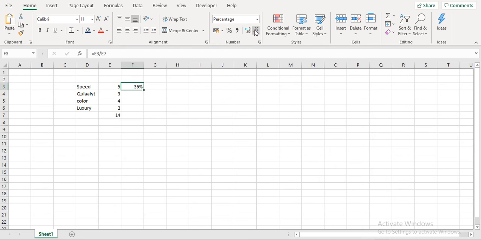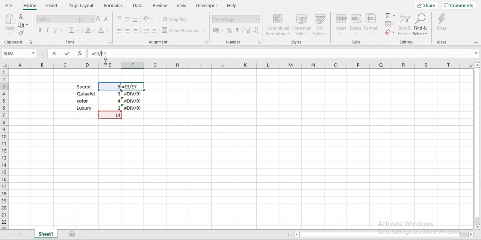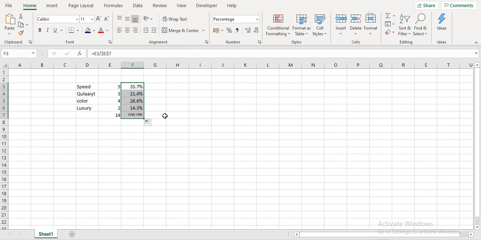Let us take some value, say 0.7. Now you see that the total percentage is 100. Among the 100 percent, speed has the highest percentage of importance, and luxury has the least. This is the benefit of understanding relative frequency.